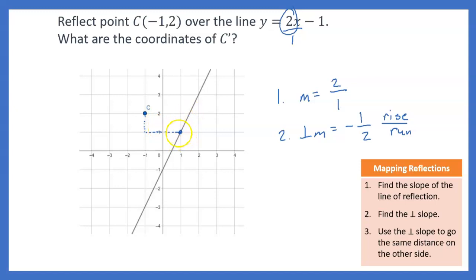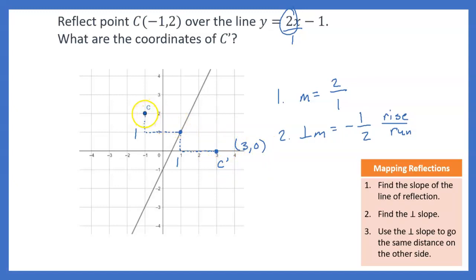This is where we run into the line of reflection, so that's one slope step. We're going to do that one more time. Down 1, over 1, 2, and put a dot there. This is our slope step on the other side, so that's going to be the location of our image, C prime. That is at 3, 0.